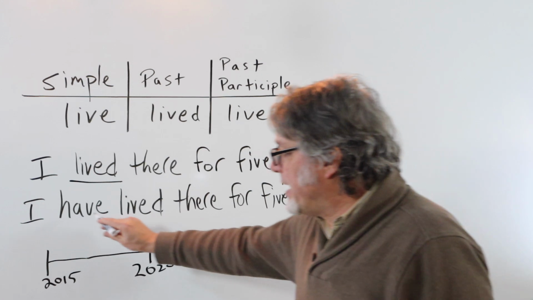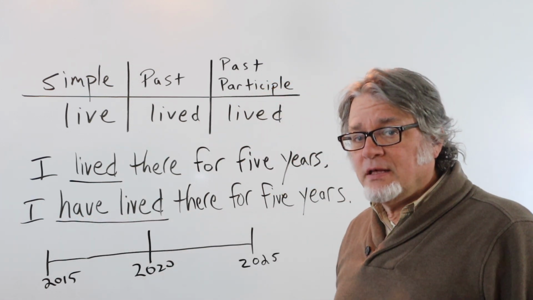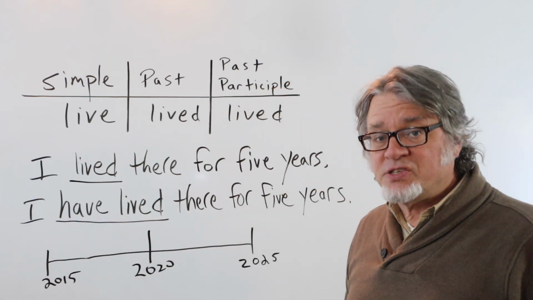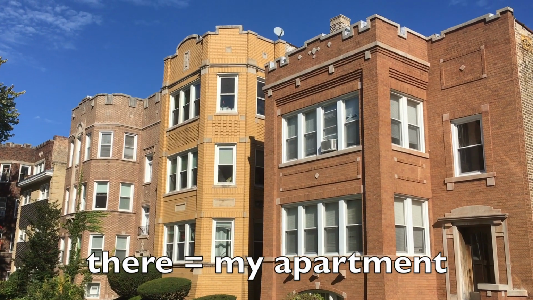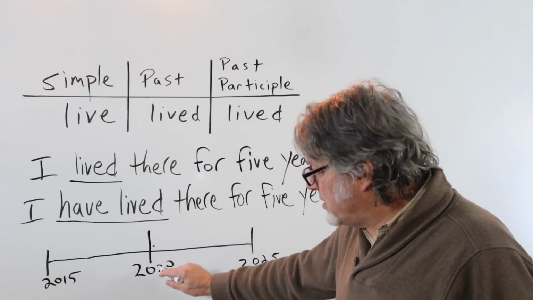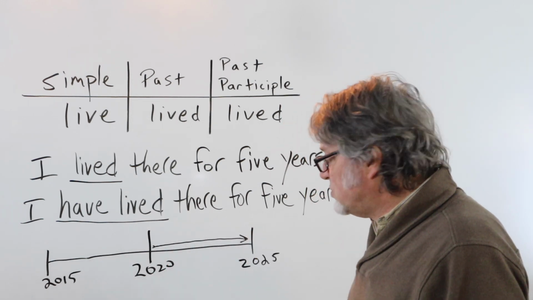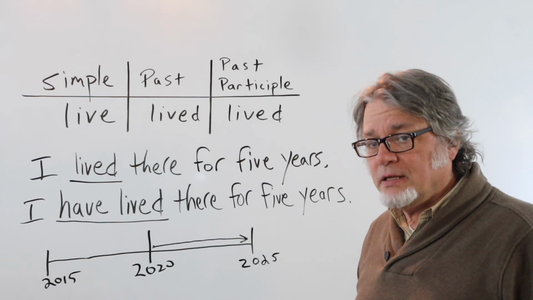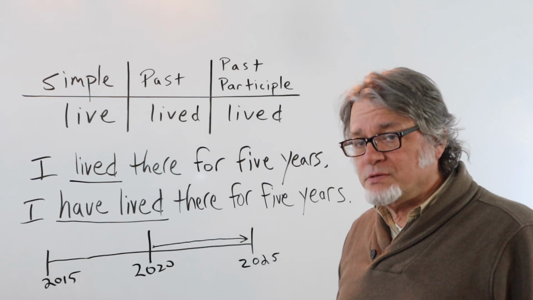If I say I have lived there for 5 years, the activity is still true now. Starting here in 2020, going up to 2025, I have lived there for 5 years.